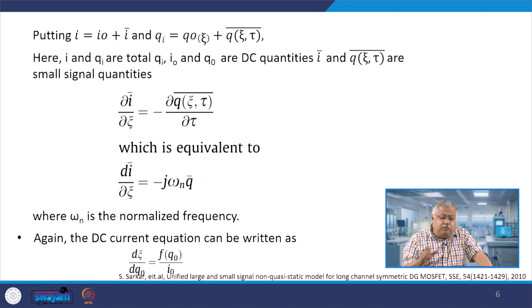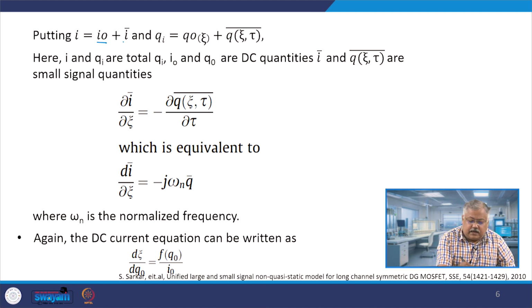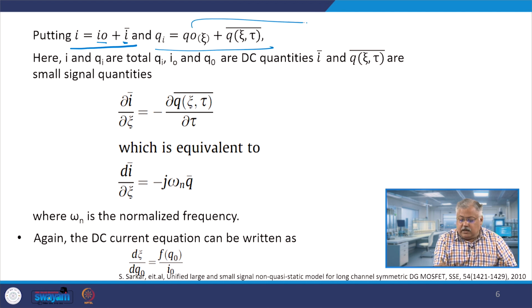Now, what I do, if I put the total current equal to I0 plus I bar, which I have shown here, where I0 is the DC current plus I bar is the non-quasi-static current because of the small signal input voltage, and Qi equal to Q0 chi plus this thing. This is again DC plus perturbation I have added, and as I told you here, I and Qi are the total current and charge, whereas I0 and Q0 are the DC quantities, and the barred ones are small signal.